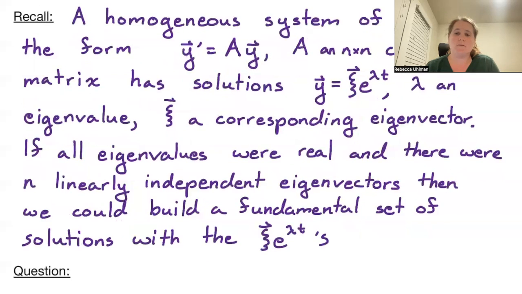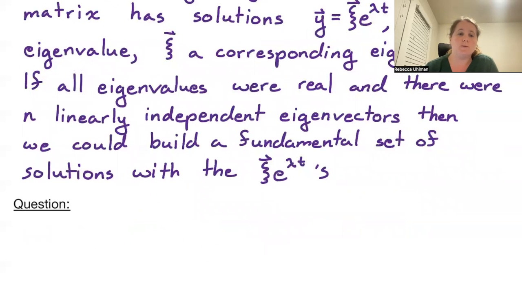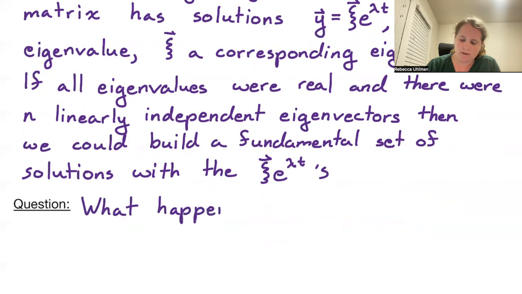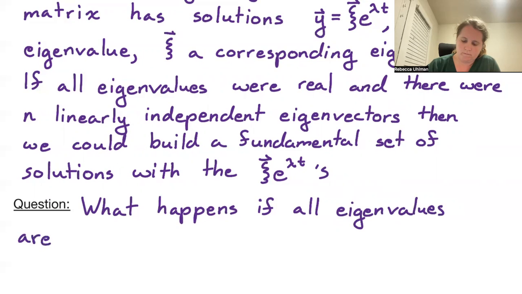So the question becomes, what happens if we do not have n linearly independent eigenvectors? So what happens if all eigenvalues are real but we do not have n linearly independent eigenvectors?